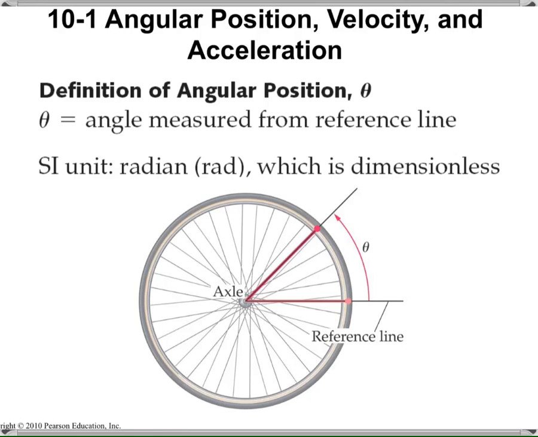So the angle can be measured in terms of degrees, or it can be measured in terms of radians, right? Let me talk about one revolution. Let's extend this axis. What is this angle, from here to here?